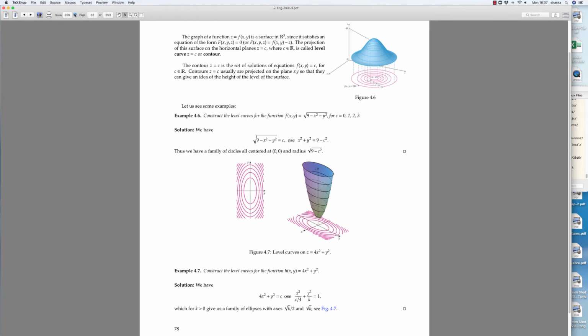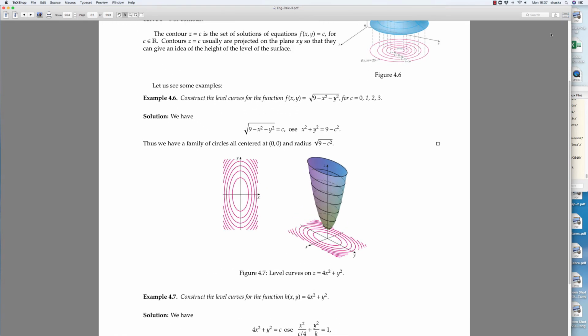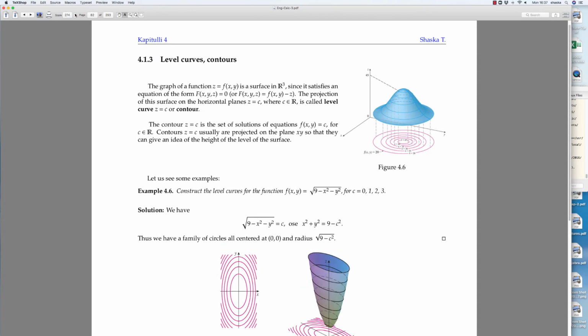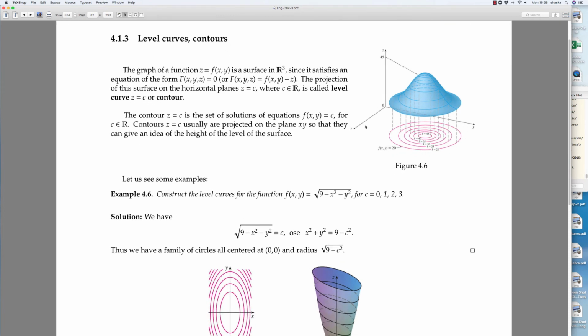Each one of them has a small number, which is basically saying that the value of the function at this level is 20, for example, and this one is 25, and so on. All of the points on the surface that belong to this pink circle, the outside one, for example, have the same height, because the cutting plane was horizontal.